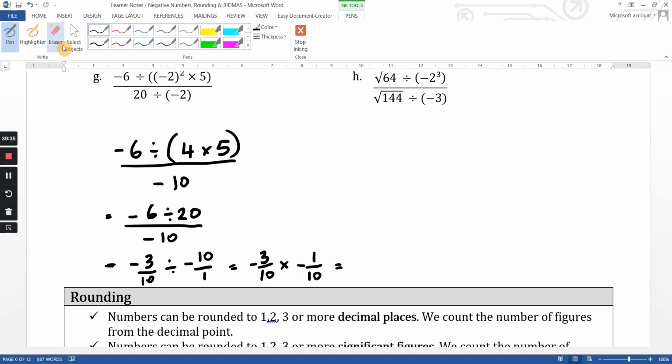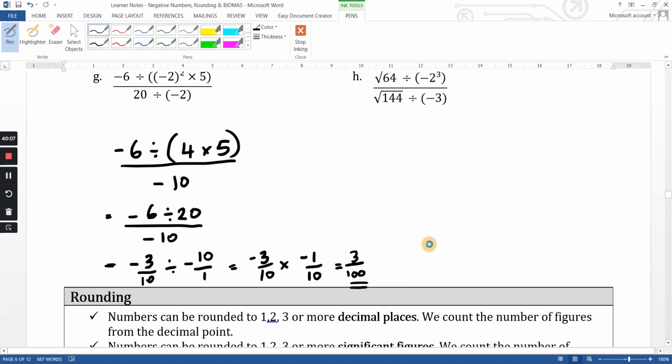I'll put it with that, just so it doesn't confuse everyone. So I'm doing minus 3 times minus 1, which is positive 3. 10 times 10 is 100. So I still get a positive answer anyway, 3 over 100. Or if you did it as a decimal, obviously it's 0.03, but let's just leave it as a fraction.